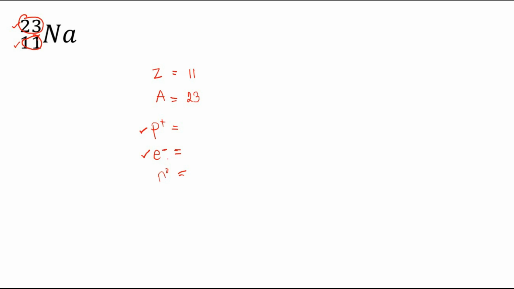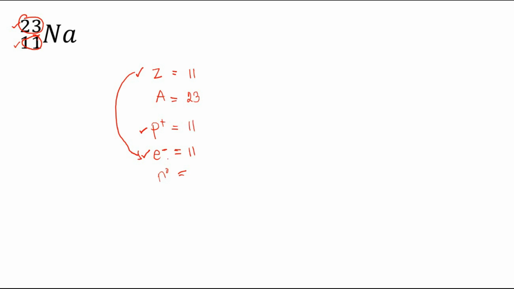We also discussed earlier that atomic number is the same as the number of electrons. So they are equal. If your atomic number is 11, therefore, your electron is also 11. And since the number of electrons is always equal to the number of protons, then the number of protons is also 11.